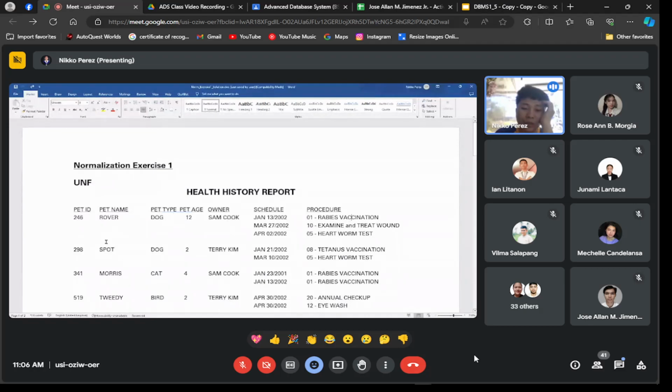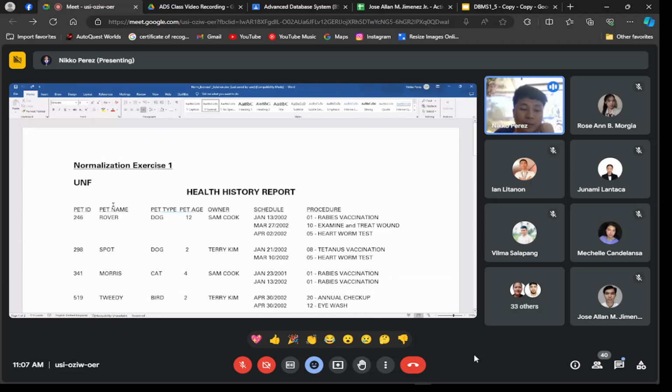We notice in our health history report that there are repeated types of pet. There are also repeated values for the owner, and there are multiple attributes registered for one record for this pet. Let's say the pet Rover has three procedures availed and these are the equivalent schedules. Same with Spot, which has two procedures, also Morris and Tweedy as well.